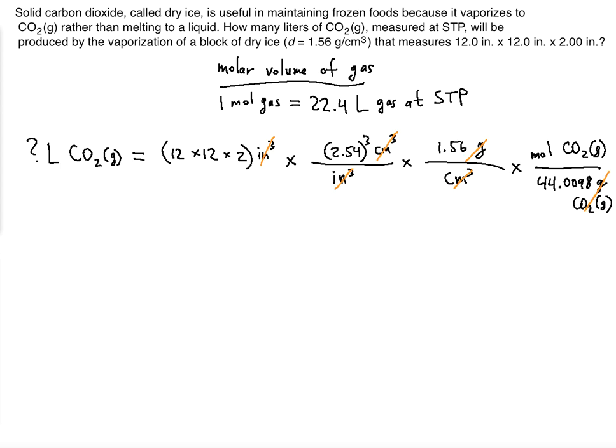Then the 1 mole conversion and we're done. The conversion factor is going to be the molar volume of gas, so we're going to put the moles here. 1 mole of CO2 gas is going to take 22.4 liters of CO2 gas, and then that will give us the answer.